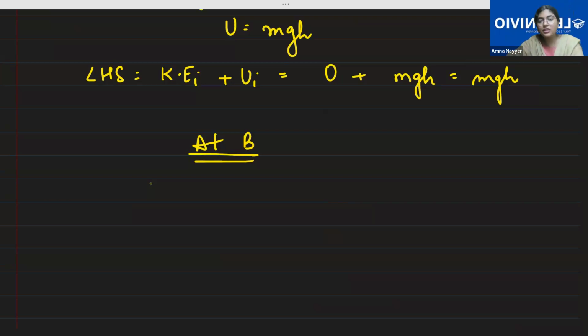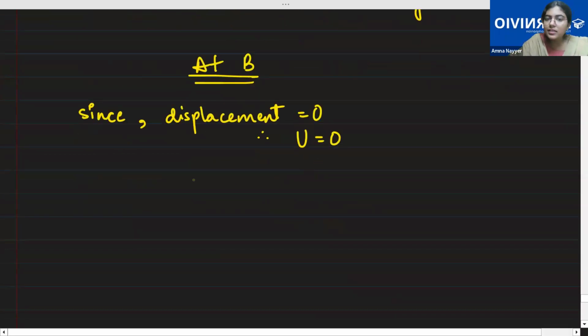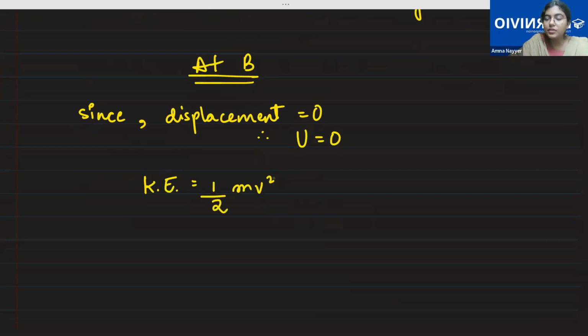As soon as it is touching the ground, the displacement is tending to 0, therefore potential energy is 0. But what about the kinetic energy? Since it is moving and about to come to rest, kinetic energy will be there right now. That is half mv square.